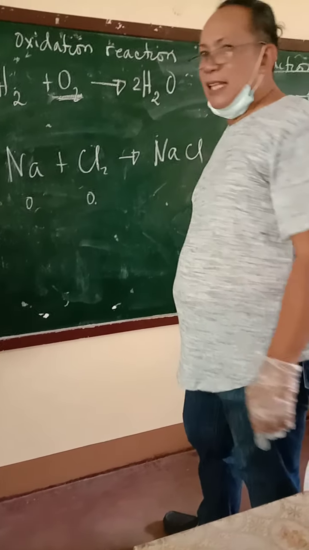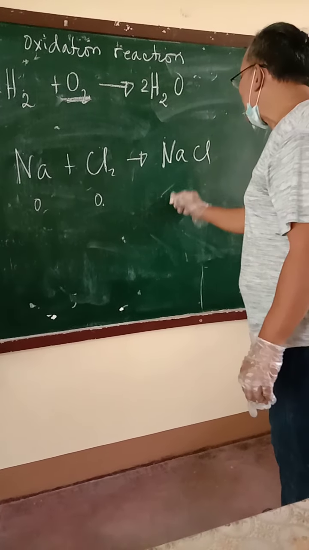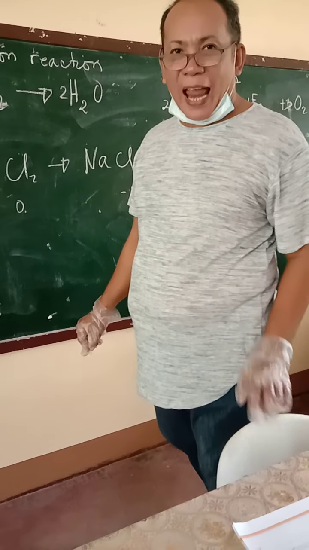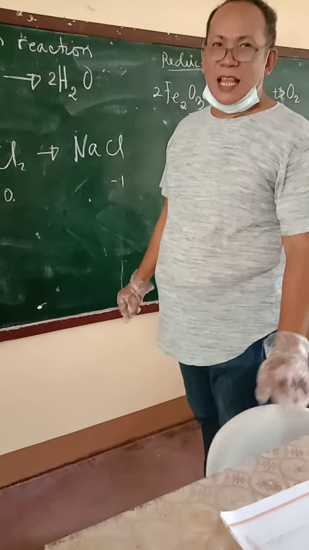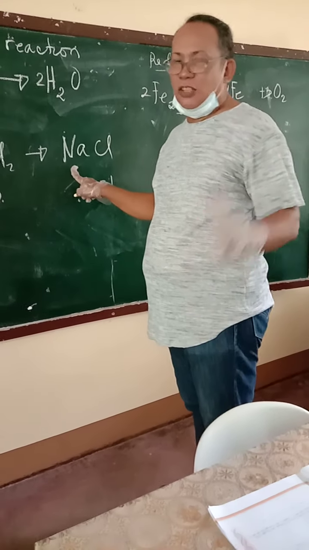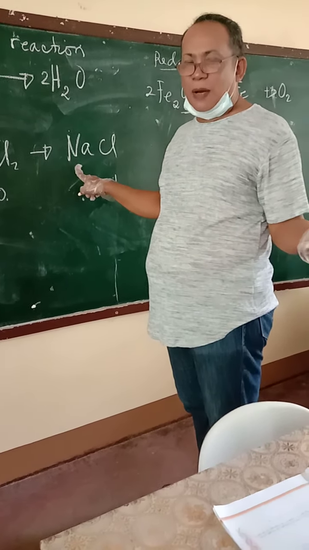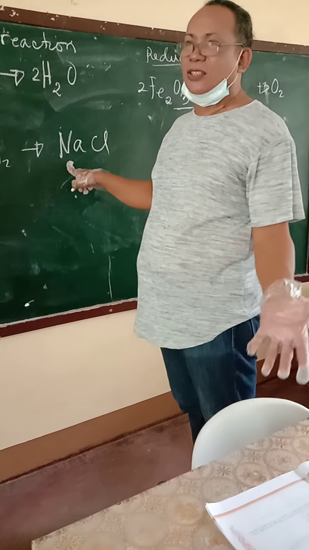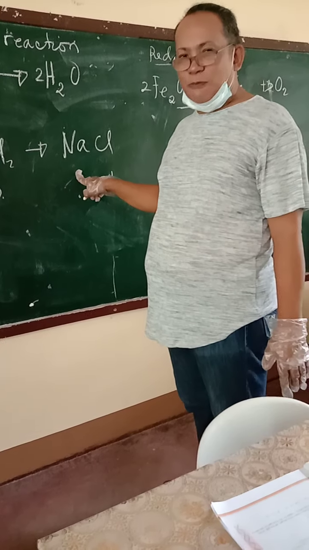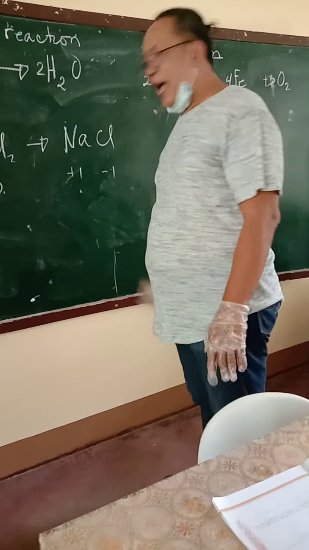Likewise, chlorine gas is also 0. But in this case, chlorine is negative because it belongs to group 7A. Therefore, it has an oxidation number of negative 1. Ang sodium belongs to group 1A, so therefore, it has positive 1.